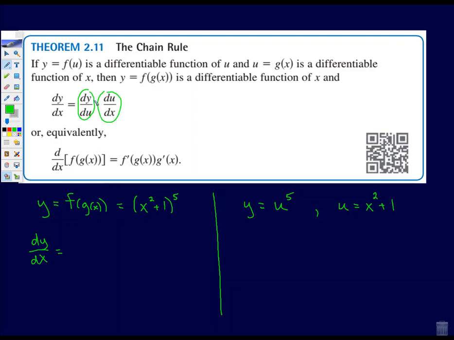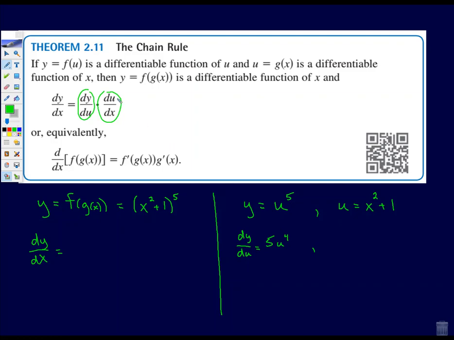It says take the derivative of y with respect to u. So on this side, I would find the derivative of y with respect to u, which is just the basic power rule where the variable is u. So 5 u to the fourth.